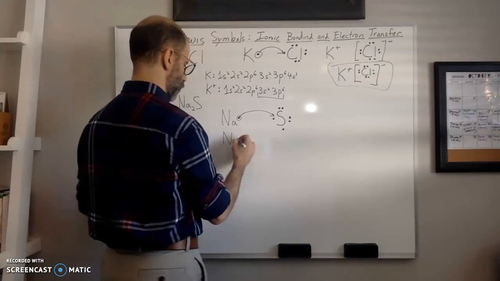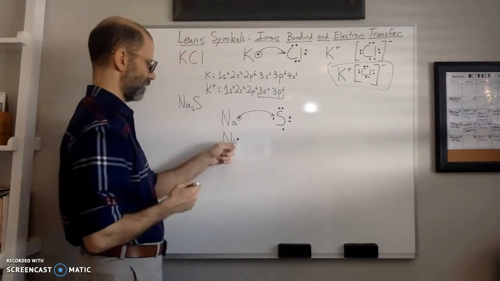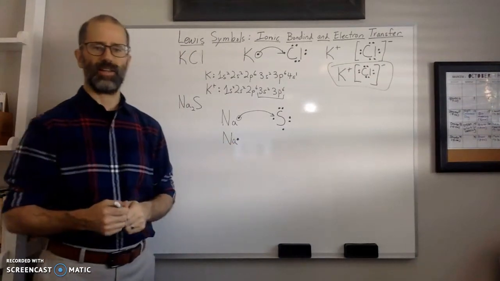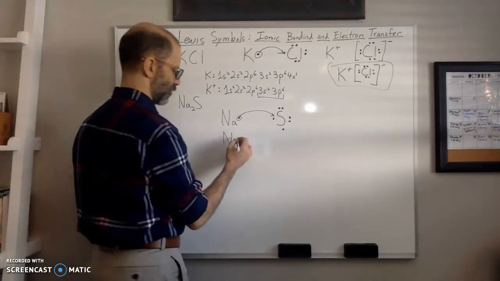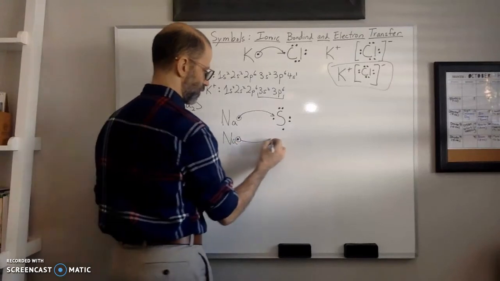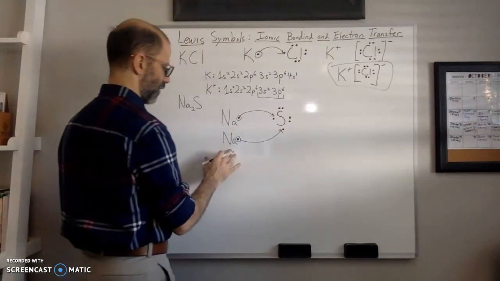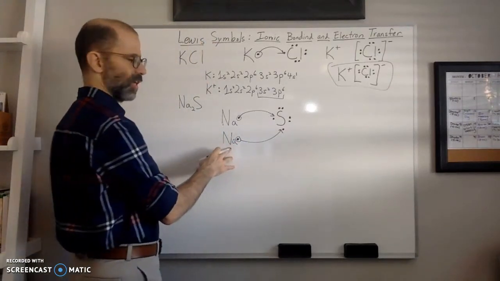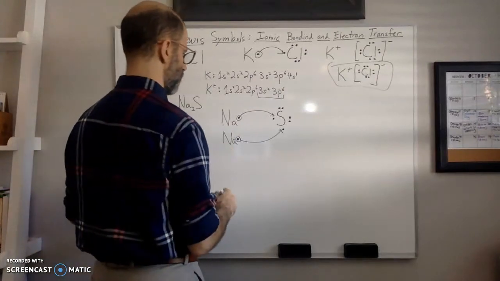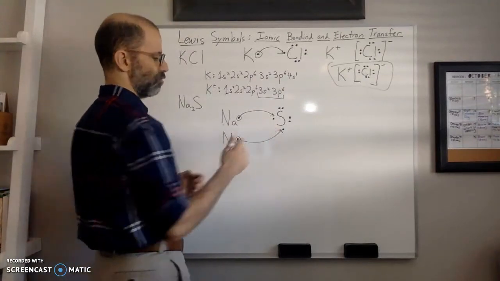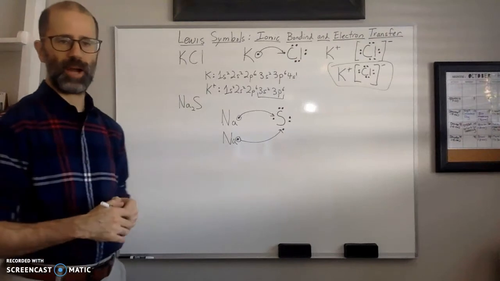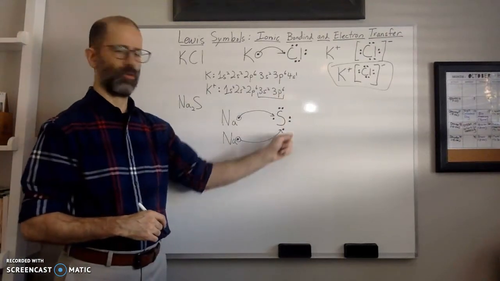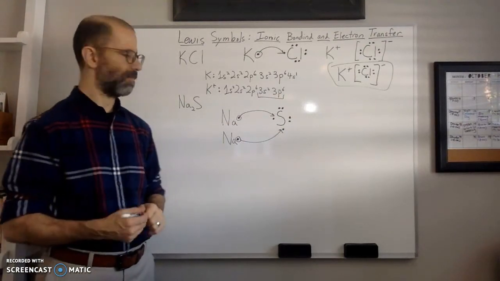That sodium atom wants to give away its electron, so it is going to transfer its electron to this sulfur atom. This will become a positive ion. And now that the two electrons are paired, sulfur is happy with its octet.